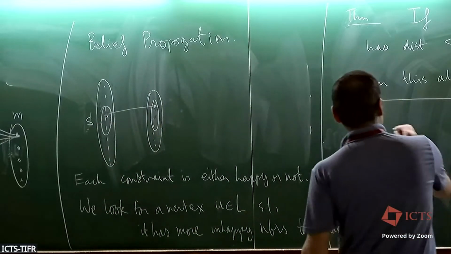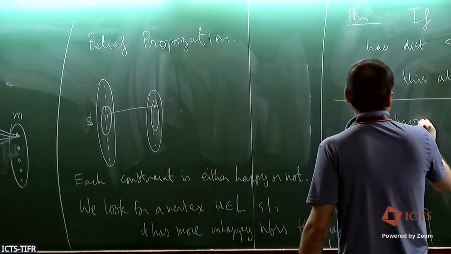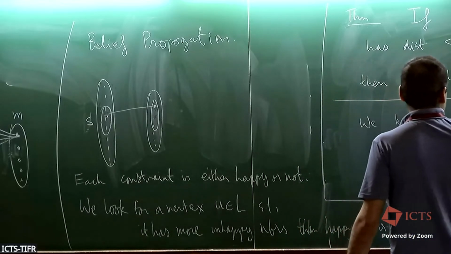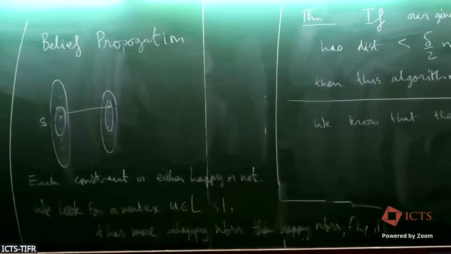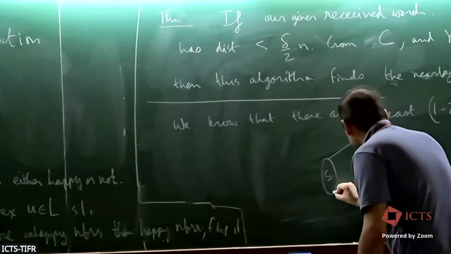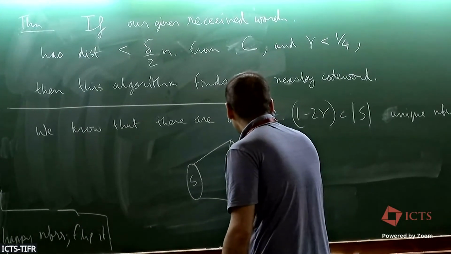So I'm going to say this now. So we know that there are at least 1 minus 2 gamma times C times size of S unique neighbors of S. So okay, I should zoom in on the picture. This is S. This is its full neighborhood. And this is the unique neighborhood.